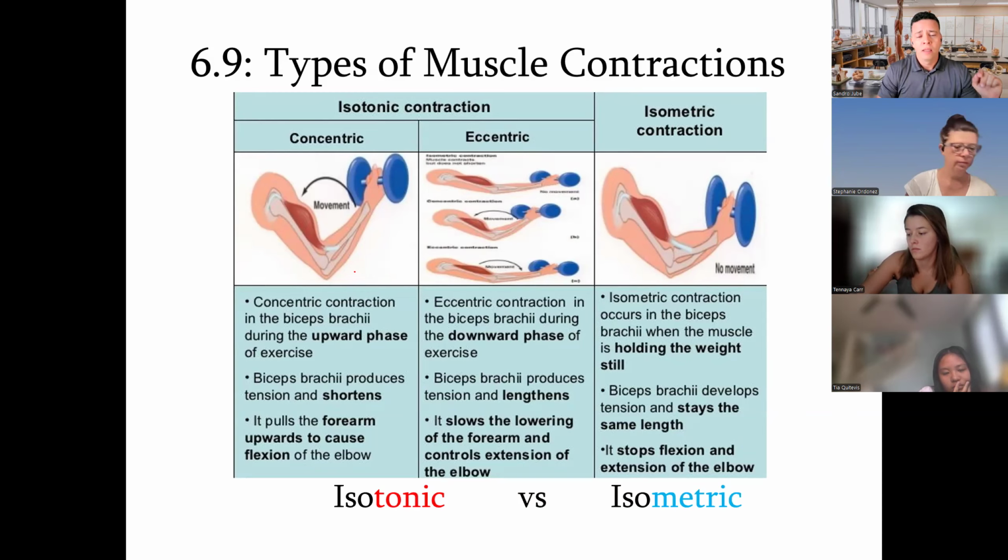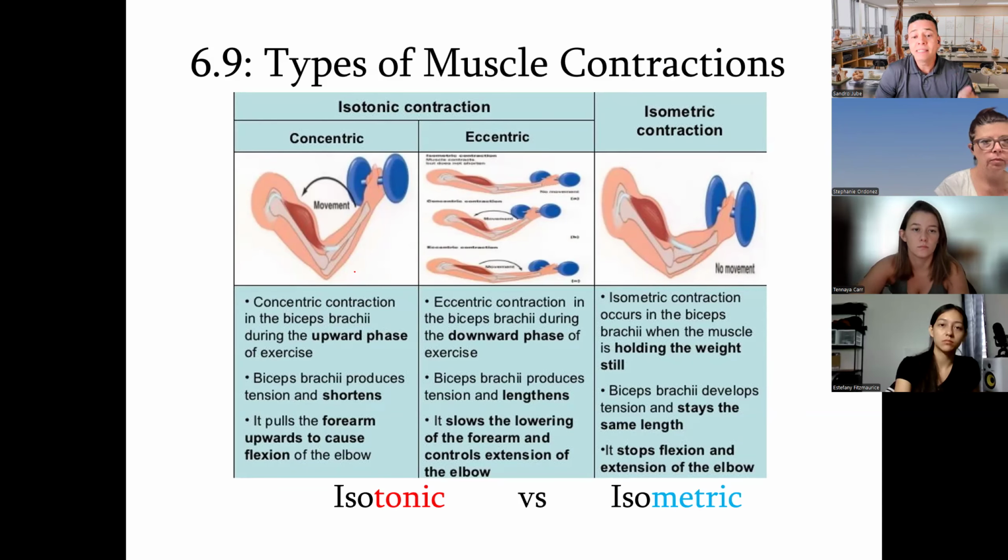Remind me again, and this is from tonicity, what does iso mean, guys? It means the same. It means the same, absolutely. So let's look at the words right here.